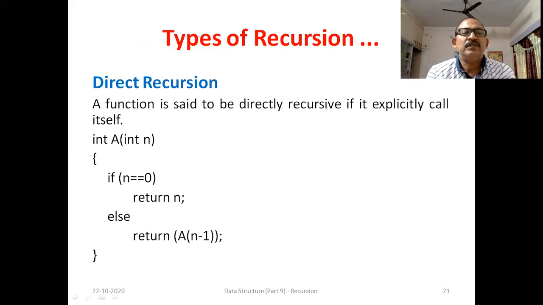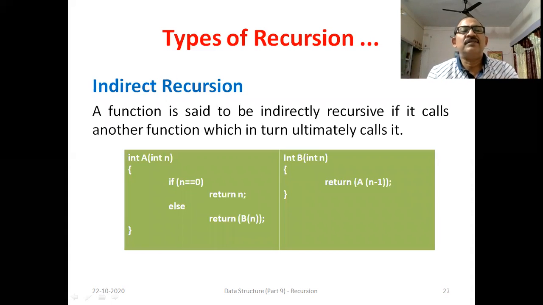In direct recursion, there is no suspended activity when the function receives the value. In this function, if n is equal to 0, it returns the value n. Otherwise, it returns a(n minus 1). Here you can see the function a calls itself explicitly.